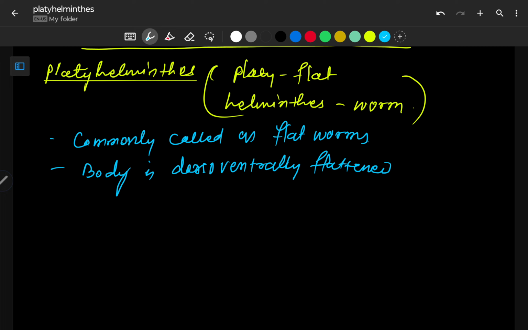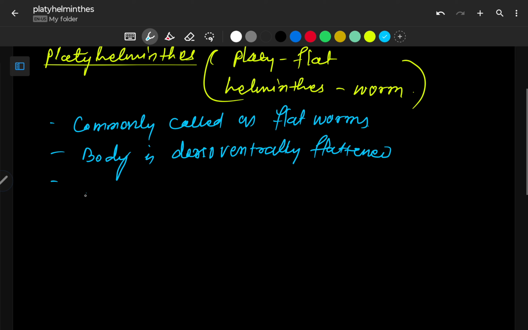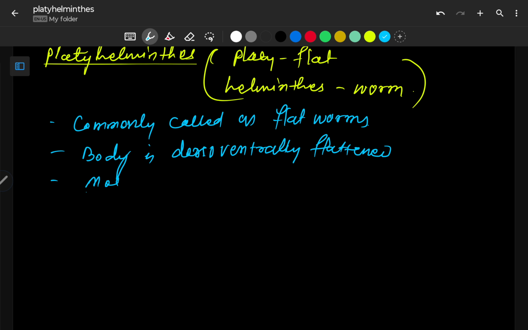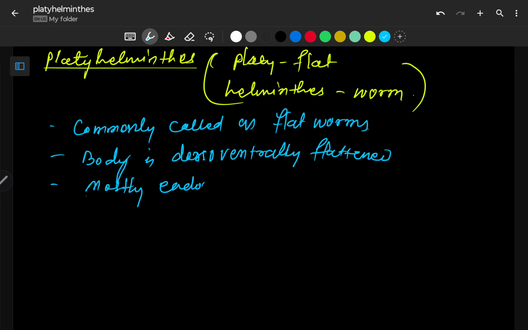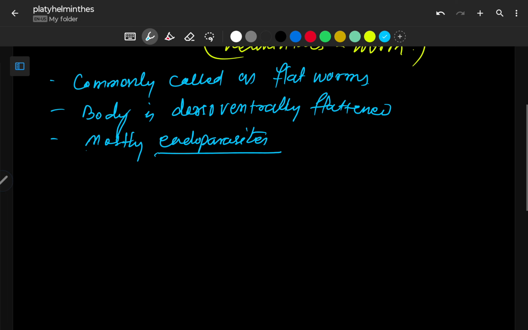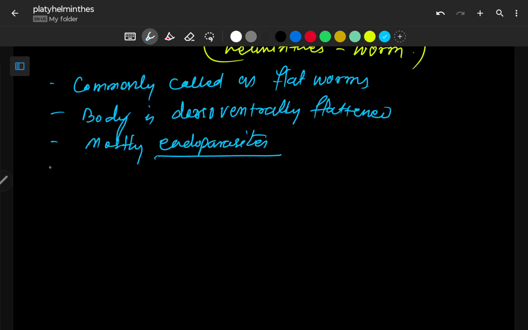Okay, I think it is clear to you. They are mostly parasites, endoparasites. Endoparasites means they live inside the body of the host, including human beings.